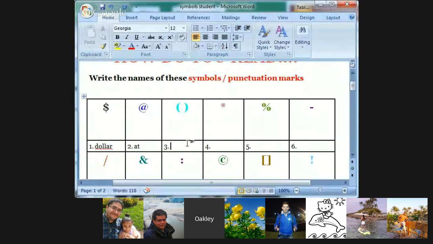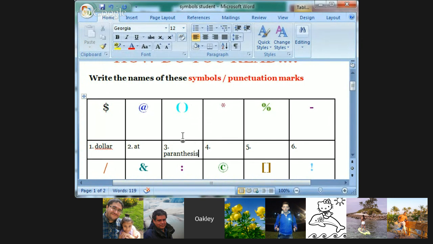Victor, number 3. Yes, parentheses. Very good. These are, interestingly, you are correct. These, plural, are parentheses. Okay. Parentheses with an ES, parentheses.